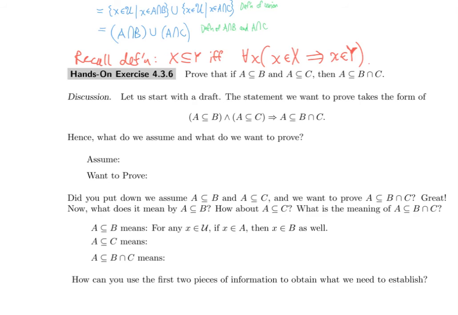And what you recall is that proving a statement like this involves choosing an arbitrary element of the subset, or the candidate for a subset. Choose an arbitrary element. It has no special property other than the fact that you're saying it belongs to the subset, or the subset candidate.